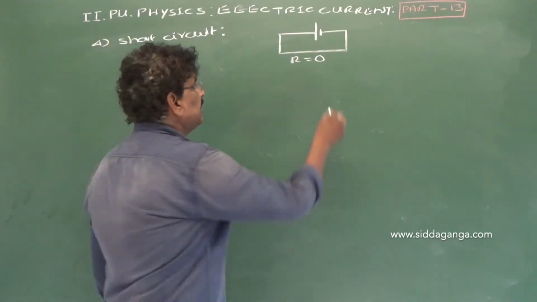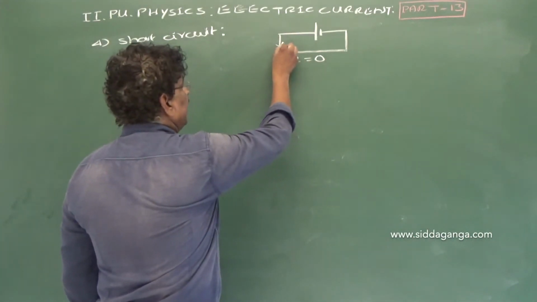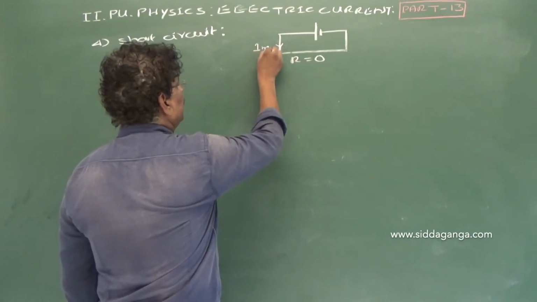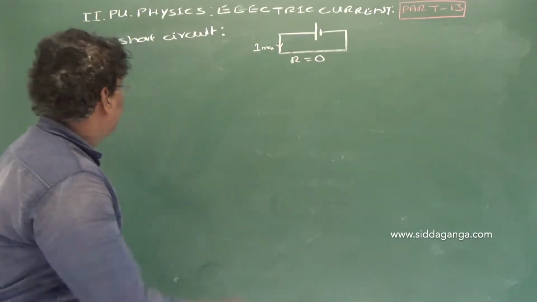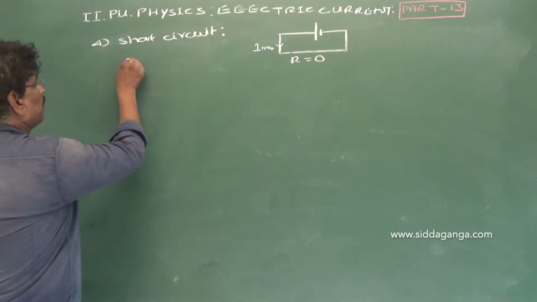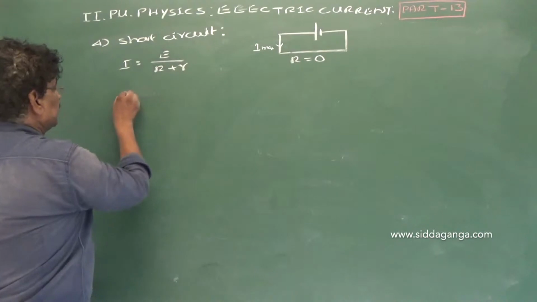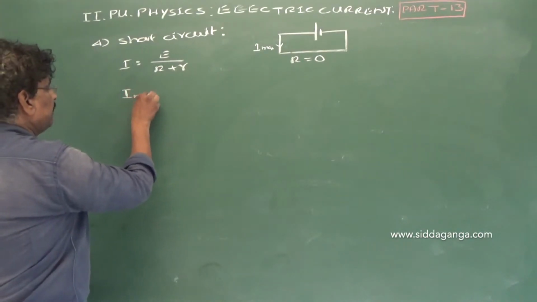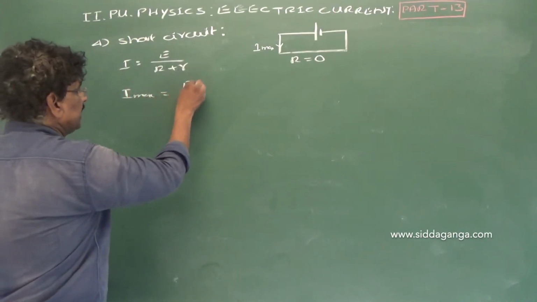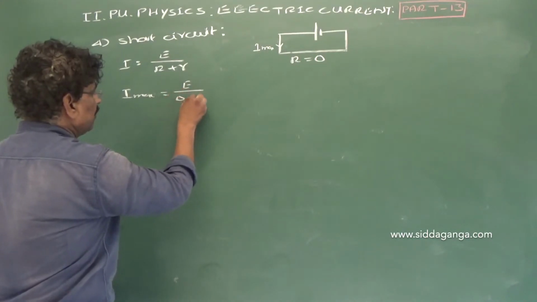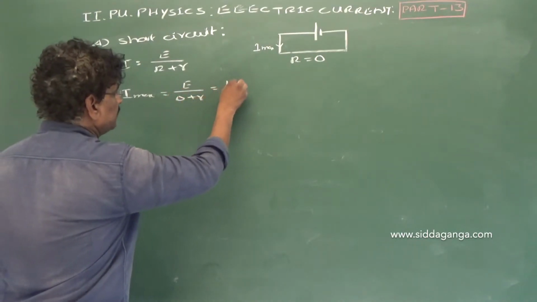When the external resistance is 0, a maximum current flows through the conductor. That I is equal to E by R plus r, so I maximum is equal to E by 0 plus r.